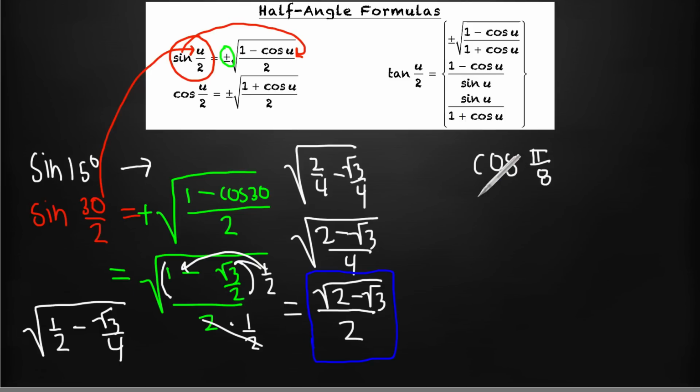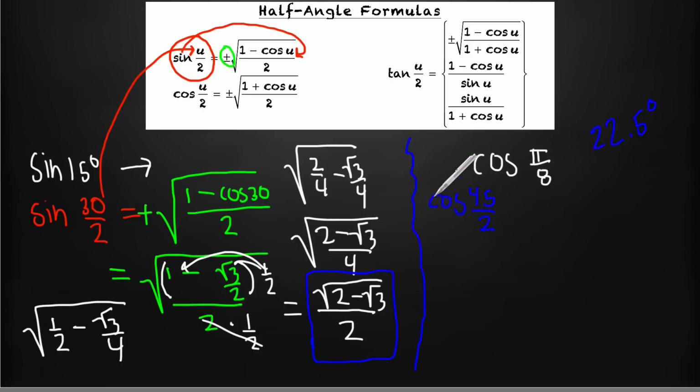All right, let's go ahead and do cosine of pi over 8. Now, pi is 180 divided by 8, and so that's going to be 22.5 degrees. So 22.5 degrees is half of 45. So we can write this as the cosine of 45 over 2.